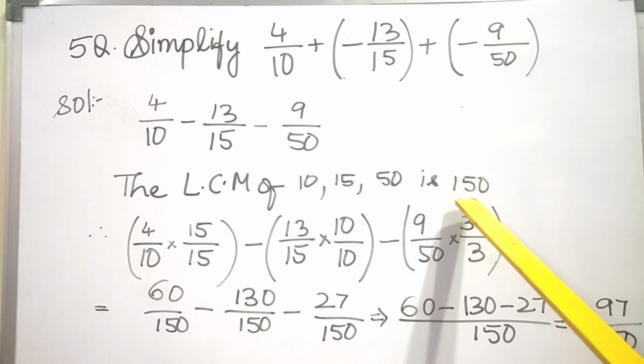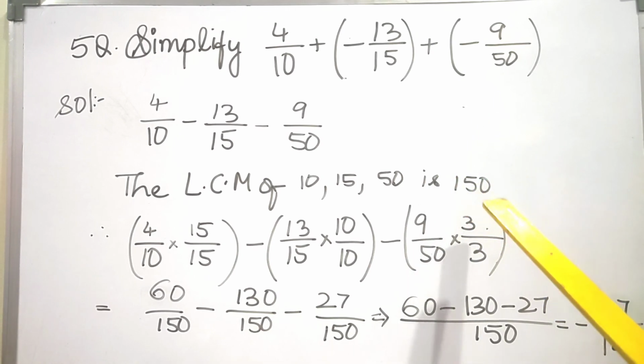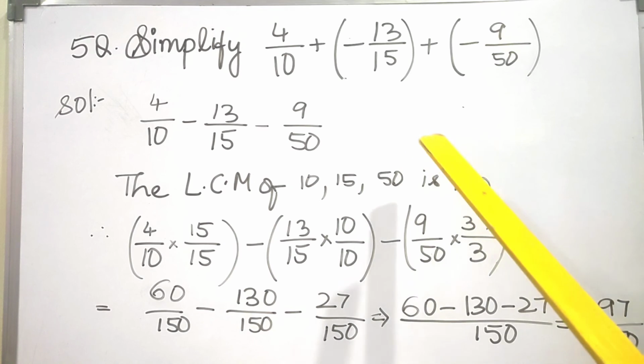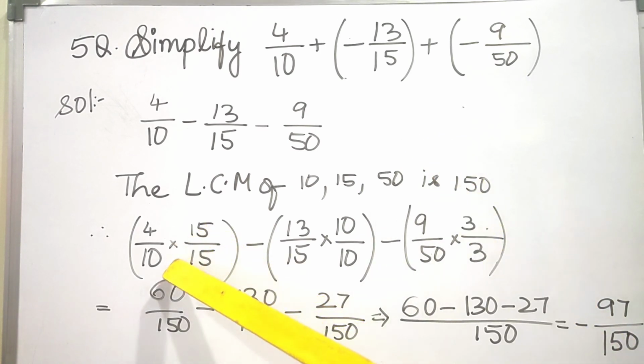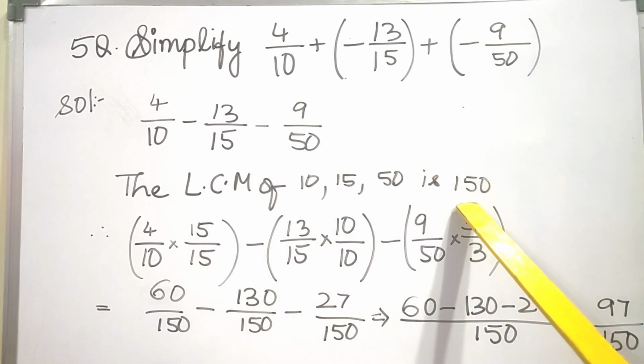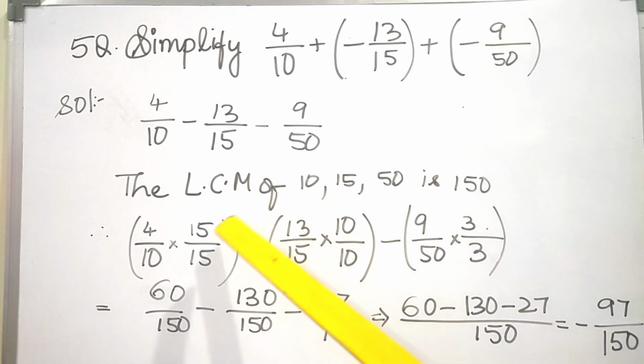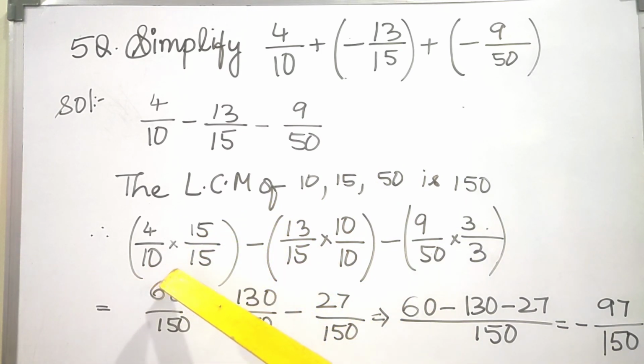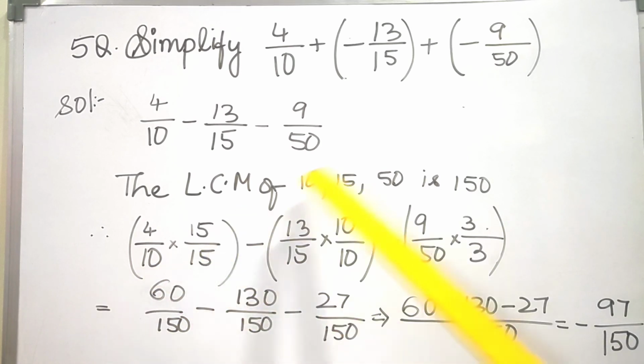Now the tricky part you have to observe is we are multiplying the numerator and the denominator with 15, because 15 is a multiple for 150. 15 tens are 150. So we can multiply 10 by 15 to get 150.